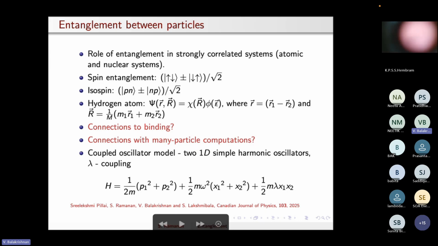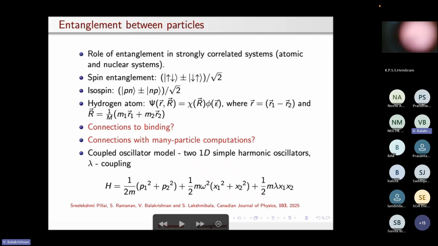Now, if you don't look at it in terms of the center of mass and relative coordinates, but instead in terms of the single particle coordinates R1 and R2, then the wave function is not separable, and one can ask, how does one understand entanglement in this problem?